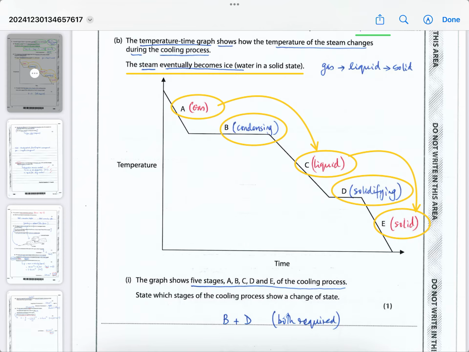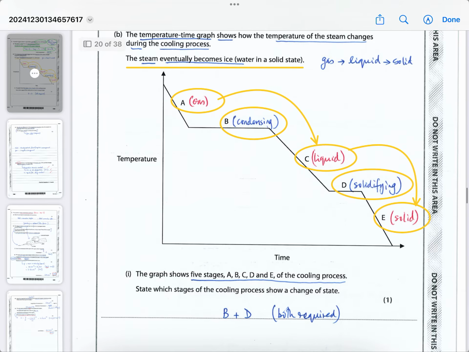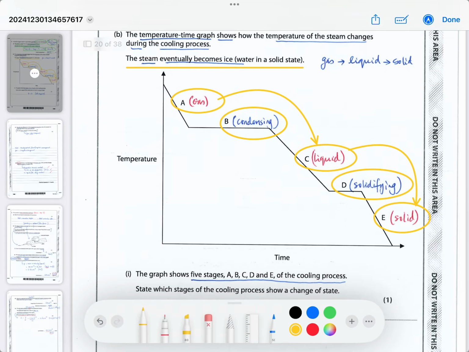Movement: gas particles move much more rapidly than when they are in liquid or solid states. It then says the graph shows 5 stages, labeled in the diagram as A, B, C, D, and E, and this is all part of the cooling process.